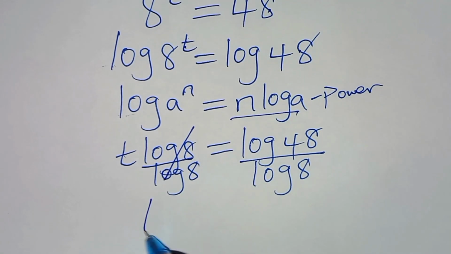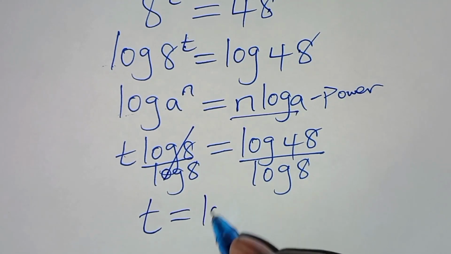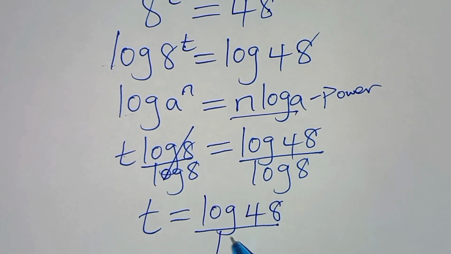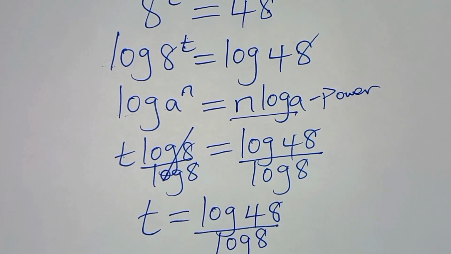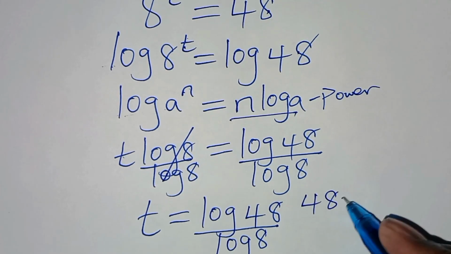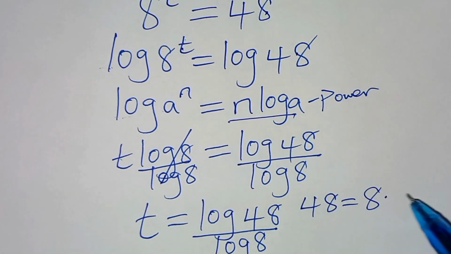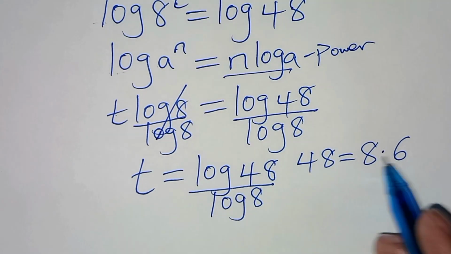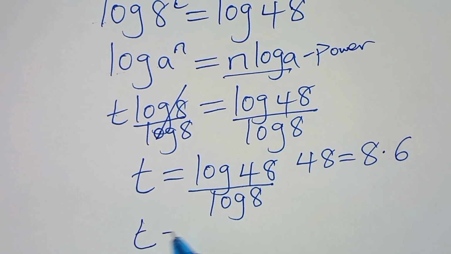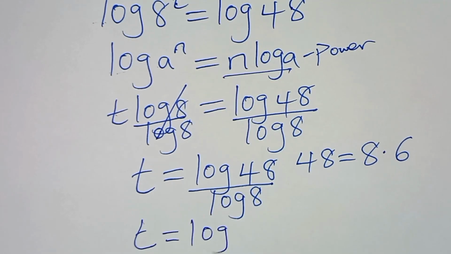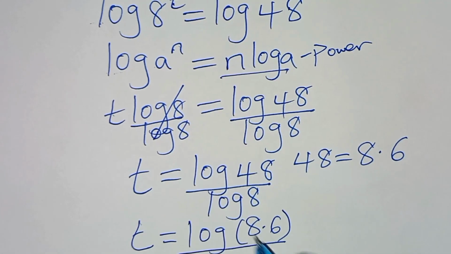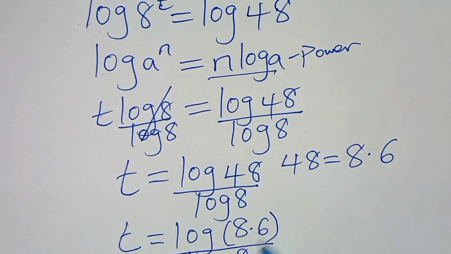So now we have t is equal to log 48 divided by log 8. We can express 48 basically as 8 multiplied by 6. So let's substitute this. We have t is equal to log of 8 multiplied by 6, all divided by log 8.